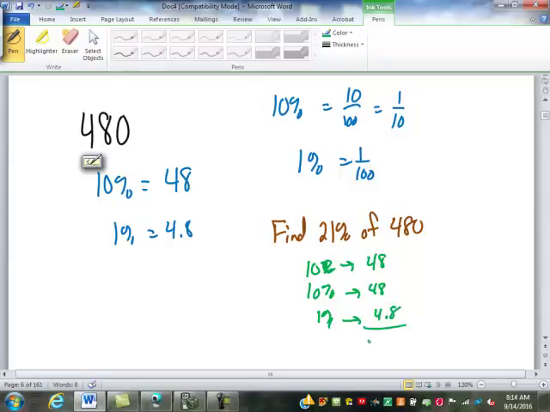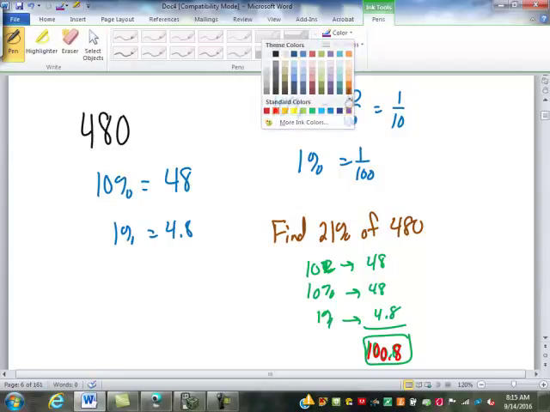If I add those up, that's 100.8. That is 21% of 480. So I was able to calculate that percent without having to really do much calculation. Just all of my benchmarks. Now I realize that's a little slow. So when we get into our formulas tomorrow, it'll be a little quicker to just use a formula, but you can always use that benchmark.